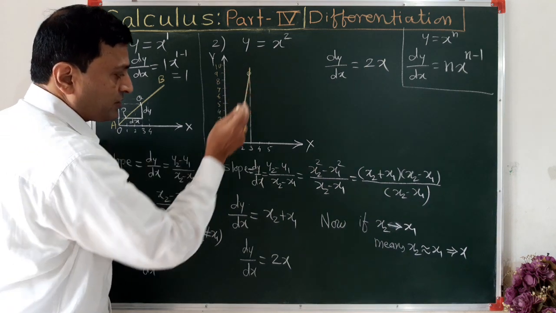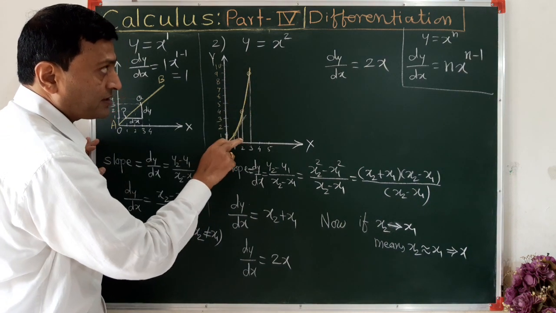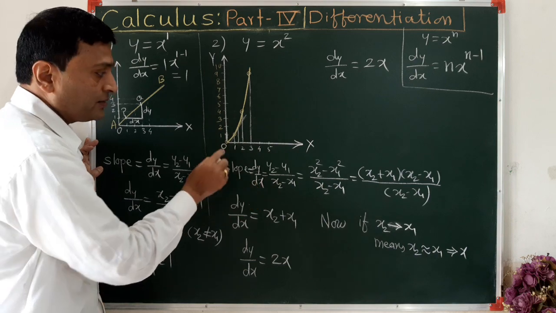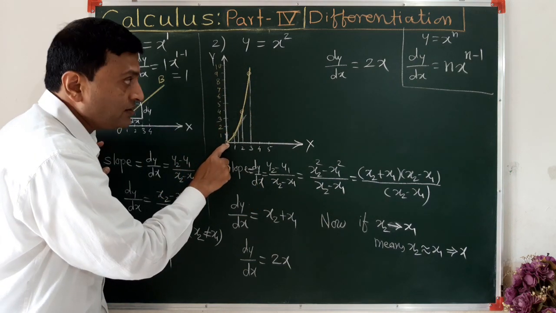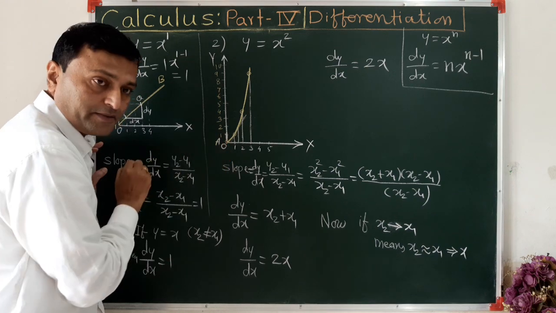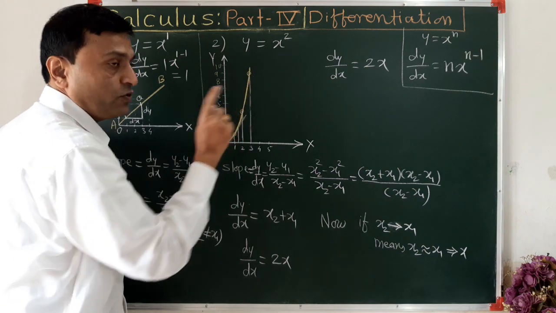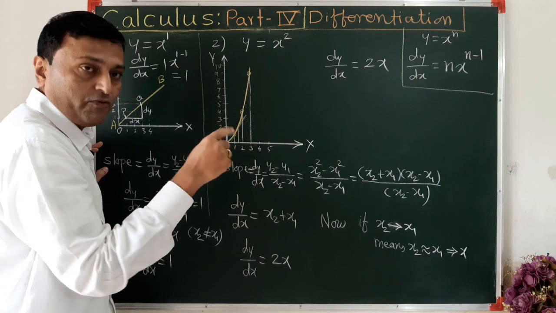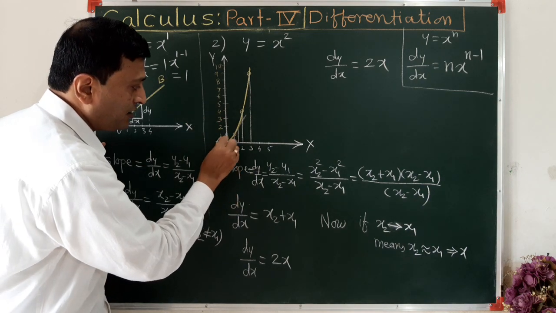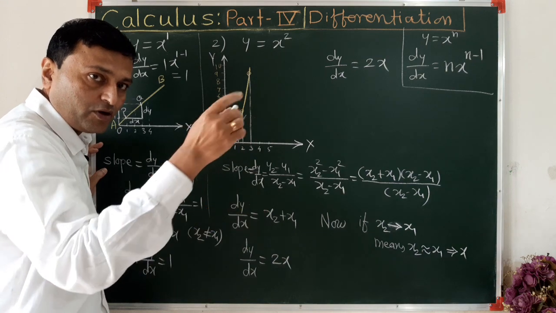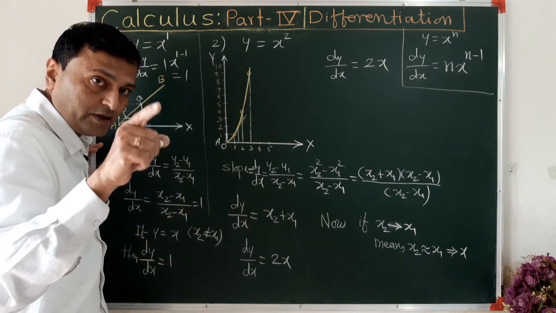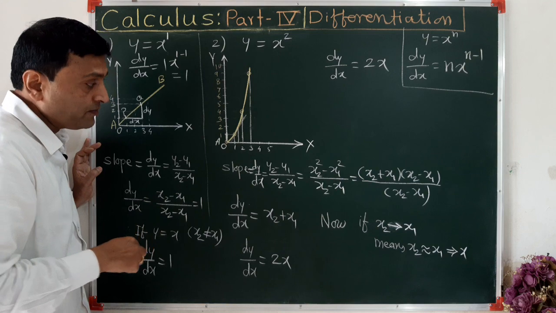As y is equal to x square, you can put the values of x and you will get the value of y. Suppose x is 0, then y is 0, means the point is here. Now this is your starting point A. If x is equal to 1, then y is equal to 1 square means 1. I will get 1 here. This is not a perfect scale, but you can draw by using your scale in your notebook.